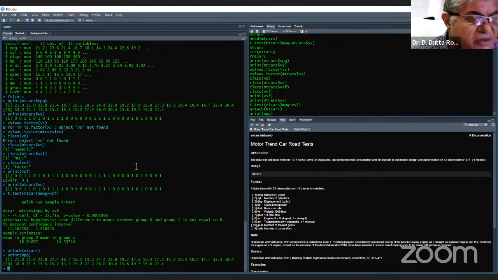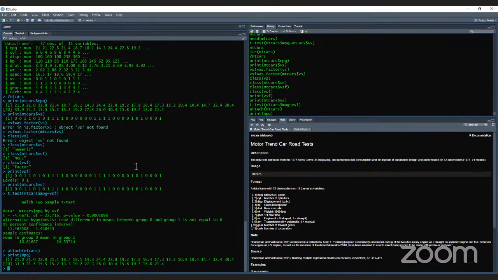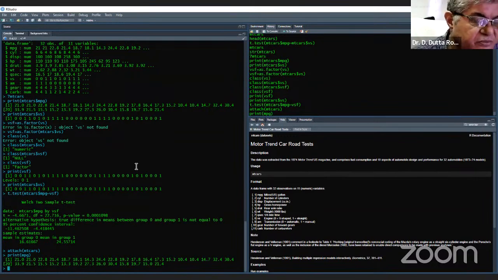Thank you, sir. So when we are doing large data analysis, if we write attach and the name of the data, automatically it will take it. So you can handle 10,000 data points by using RStudio. That may not be possible with others.